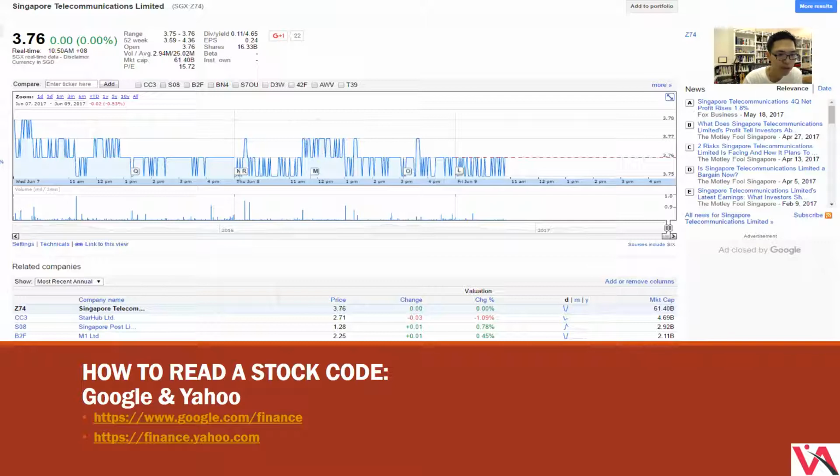It's a good reference point to start looking at, but I will always go back to the annual report of the company and calculate the price to earning myself. And how you do that is just by using the price of the company and dividing by the earning per share of the company. You can do it for the last 12 months, or you can do it for just the last financial year, which is a figure not too difficult to find.